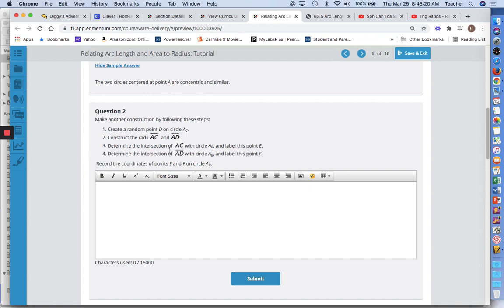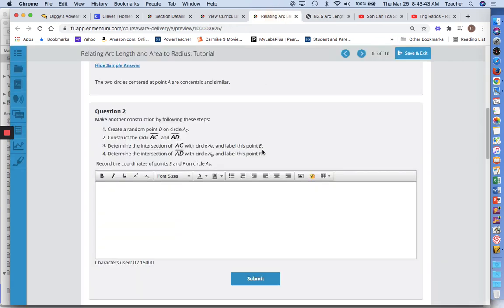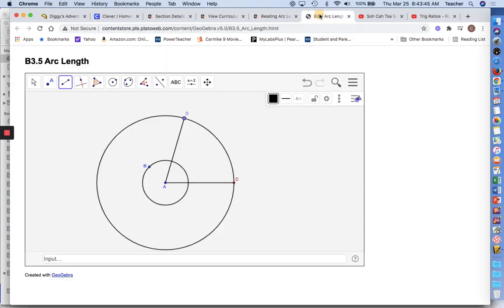Determine the intersection of AC with circle AB and label this point E. Hang on, I've got to think about this for a second. Here's segment AC, and they want the intersection with this circle labeled E. So I'm going to come up to point, go to intersection.